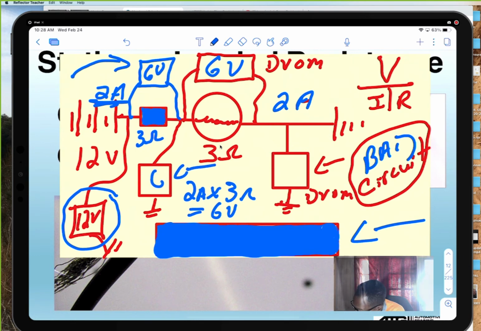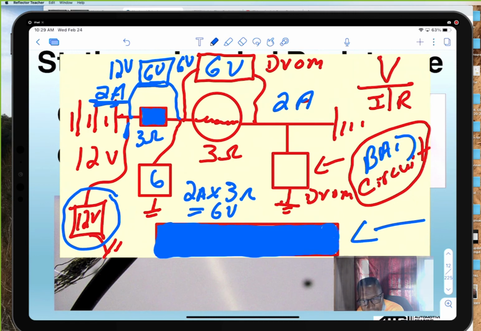Garcia said this earlier: on this line right here, I had 12 volts, right? On this side, I had 6 volts. What's the differential from that? 6. That's how the voltmeter checks pressure differential, the pressure difference.